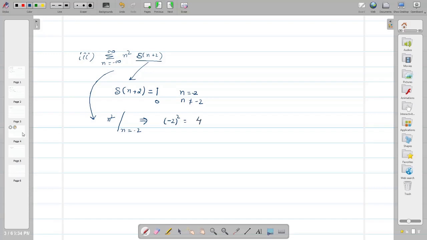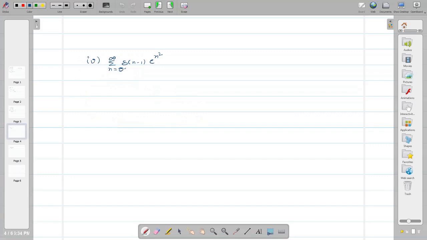The next question is the summation from n equal to 0 to infinity of delta n minus 1 times e raised to the power n, then n square. Here the impulse signal is delta n minus 1, which means it is shifted by 1. It is 1 when n is equal to 1, and 0 when n is not equal to 1.